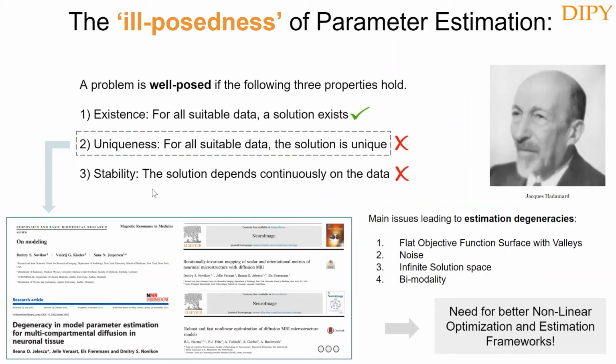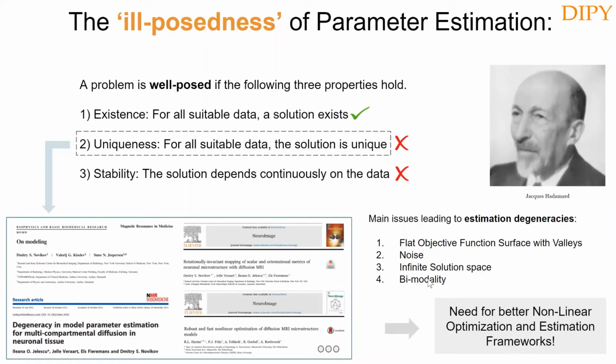The stability is highly dependent on where you start, like how you initialize the model. And it has multiple issues, such as a flat objective function surface. It is hampered by noise, like noise can push you away from the optimal minima of optimization. It has an infinite solution space, which we will look at in the next slide.